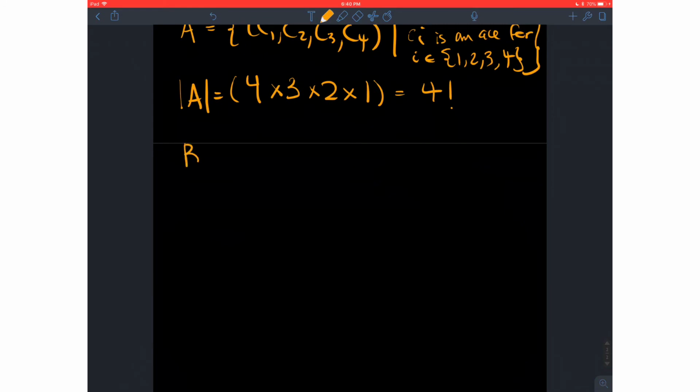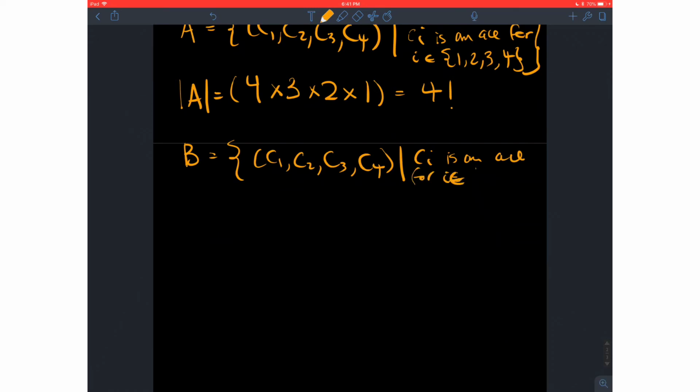Now, what's our set B? Our set B is the elements C1, C2, C3, C4, such that Ci is an ace for i in 1, 2, 3.